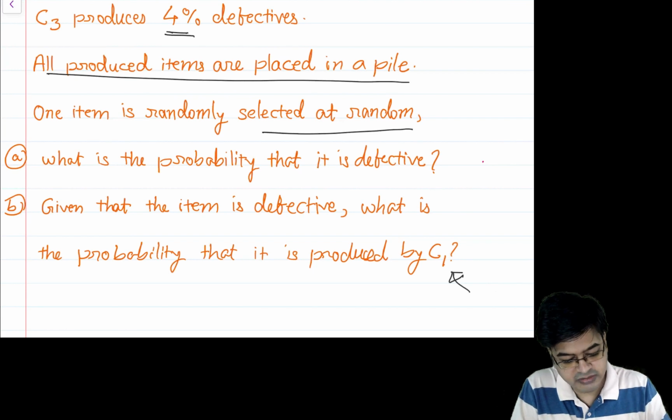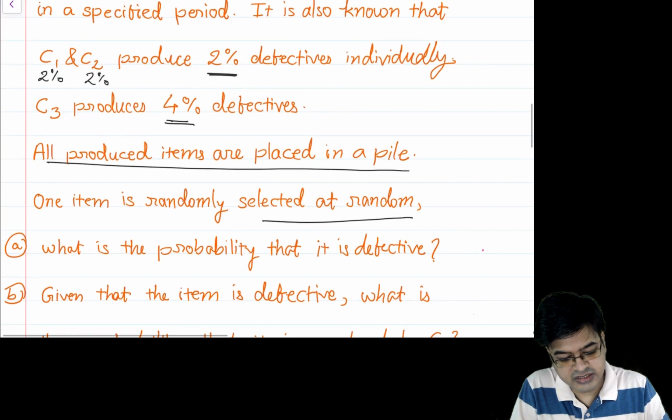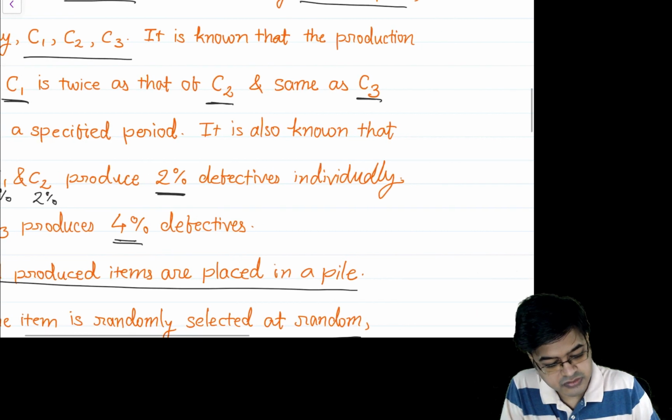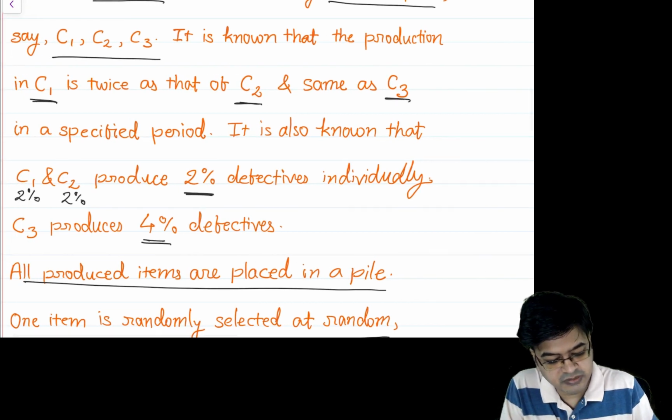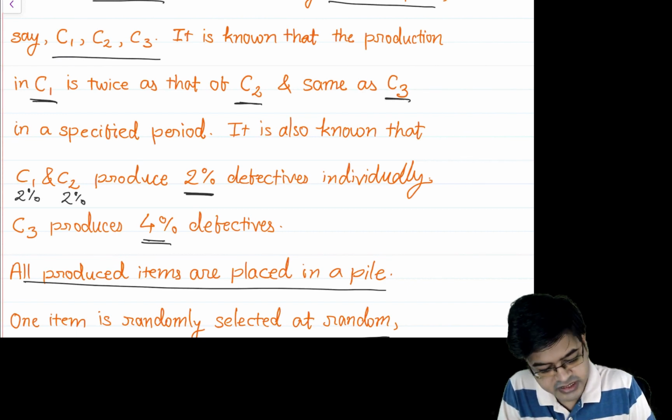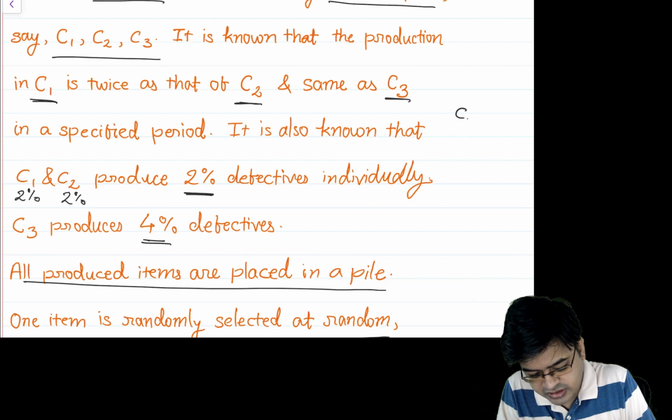Bayes theorem, when you look at it, relies on conditional probabilities. So let us try to figure out what are the probabilities involved in this question. First, C1, C2, C3 supply all the items that are needed, where C1's contribution is twice that of C2.